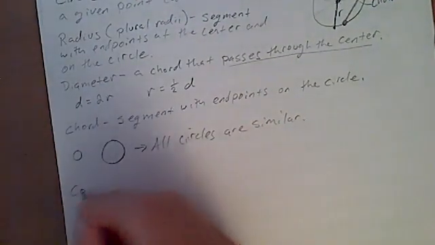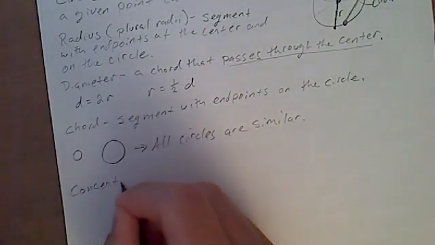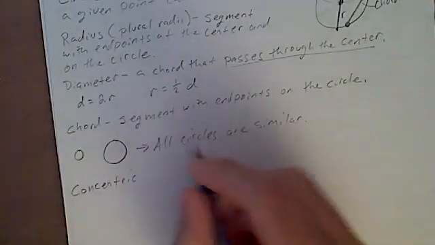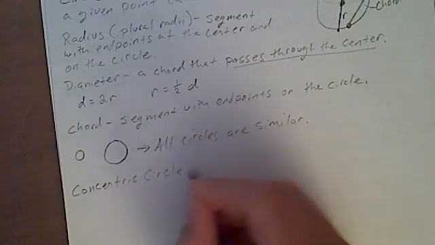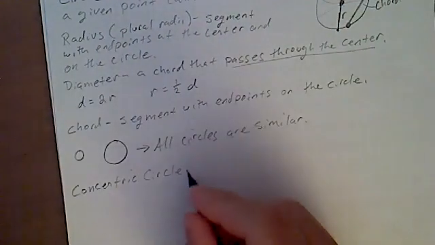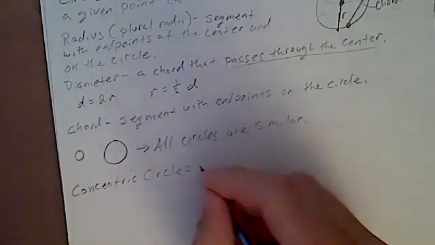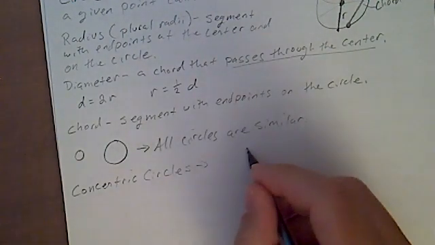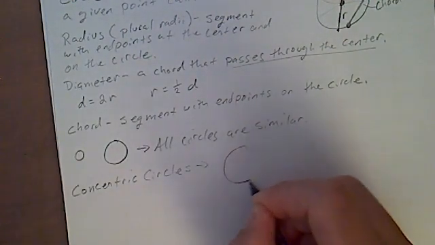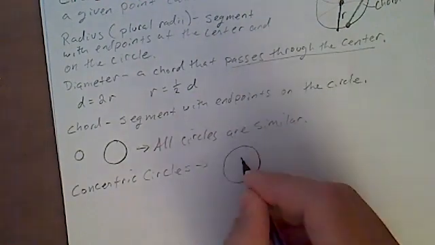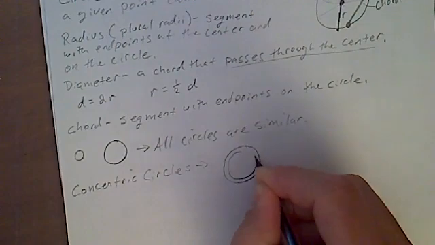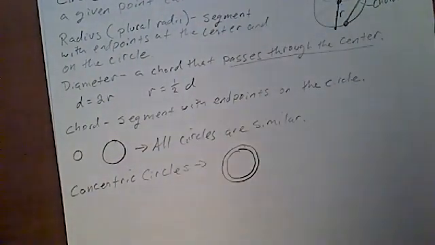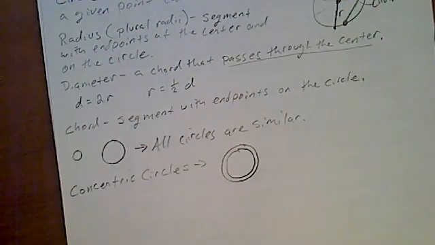And concentric is two circles inside of each other, or a circle inside of the other. I'm just going to show an example here. Specifically, these two circles would have the same center. So concentric: two circles that have the same center.